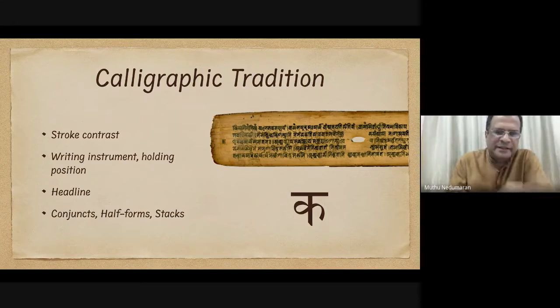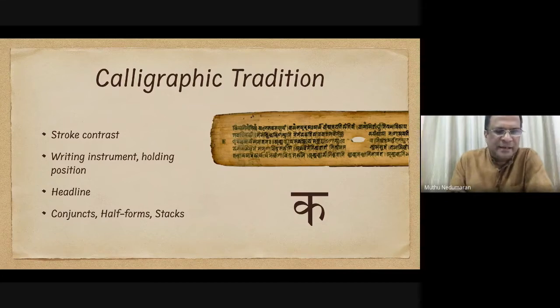Also, because of the influence of Sanskrit in most of these scripts, particularly in the north, you have a lot of conjuncts, which are very important when you write Sanskrit.